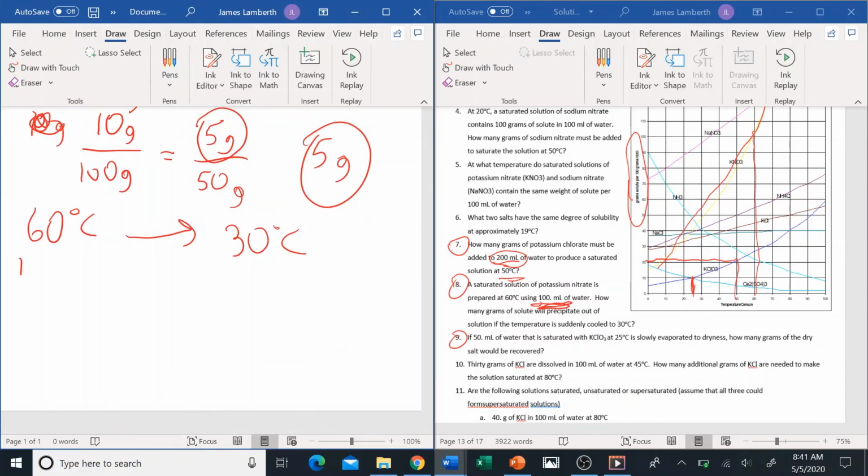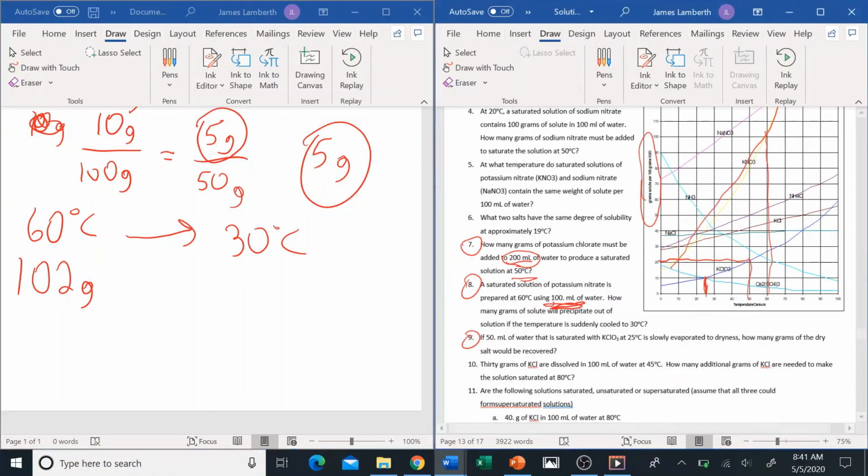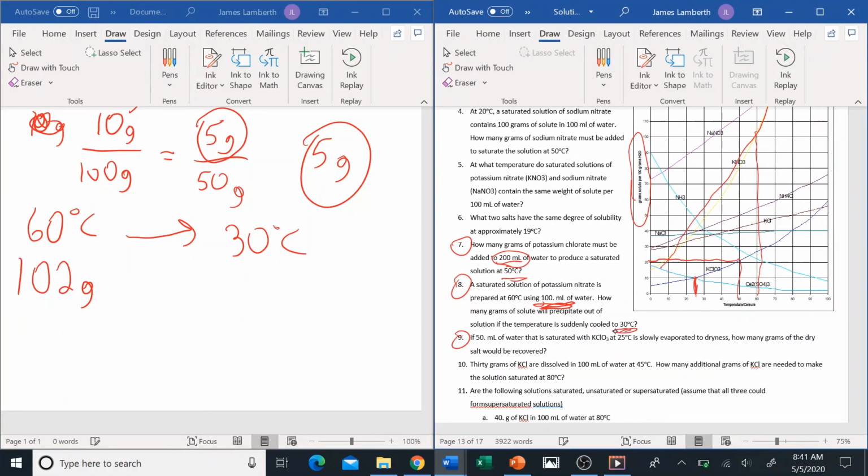There we go. 102 grams. And we're dealing with 100 mils of water, so we can forget about using proportions here. And we're going to 30 degrees Celsius. So what is the solubility at 30 degrees Celsius? And our nice yellow curve here, which is actually about right there, not on my previously written red line, is about 48.